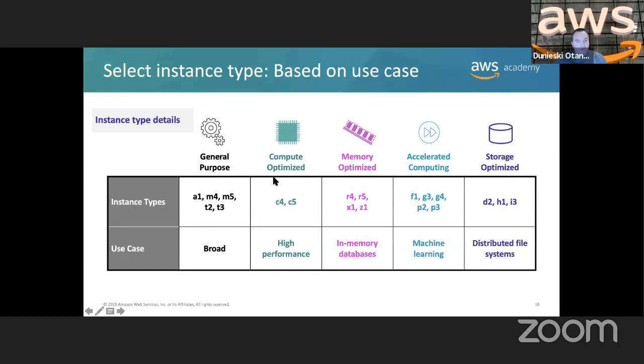When it's high performance, use this. In-memory databases, use this. Machine learning, you use these. And distributed file systems, you use these. So even AWS gives you some guidance as to what type to choose, so that you don't waste resources and just have the one that your business needs.